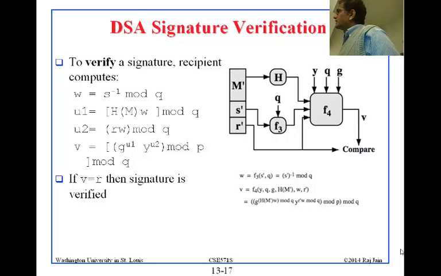It says G raised to U1, it says G raised to H M prime. And U1 is only G raised to HM. So what is M prime?